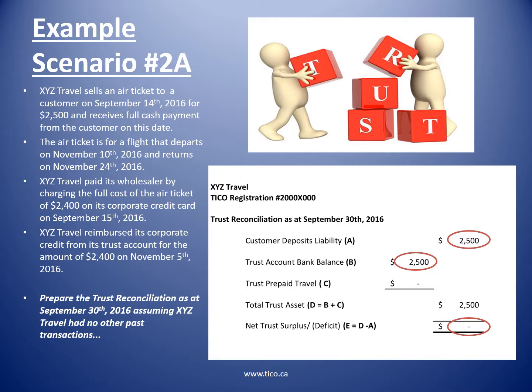The net trust surplus is nil as at September 30th, 2016 because the customer deposits liability balance of $2,500 is fully offset by the trust bank balance of $2,500. Again, this means that there are nil funds available to be transferred from the trust account to the general account.